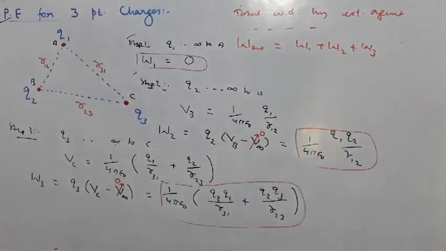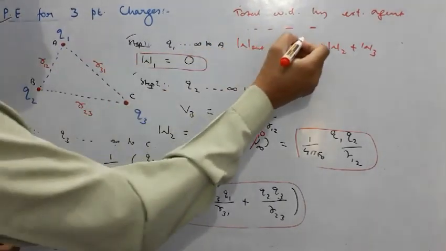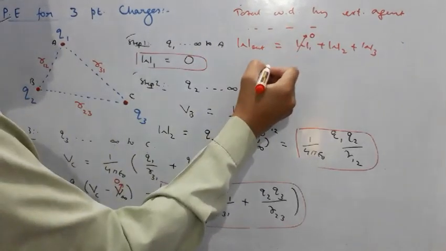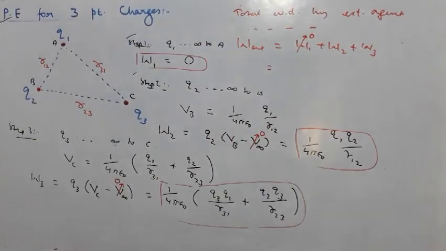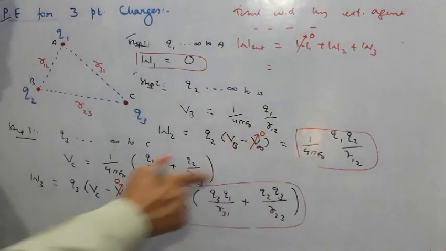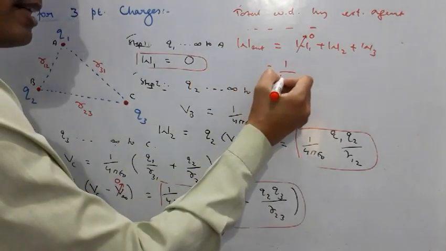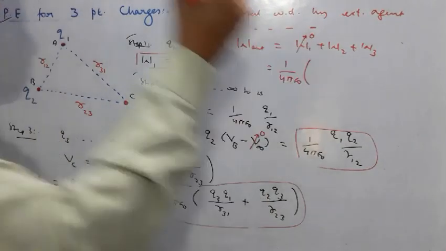Now if you add them, what should we get? So let's see, W1 is 0.